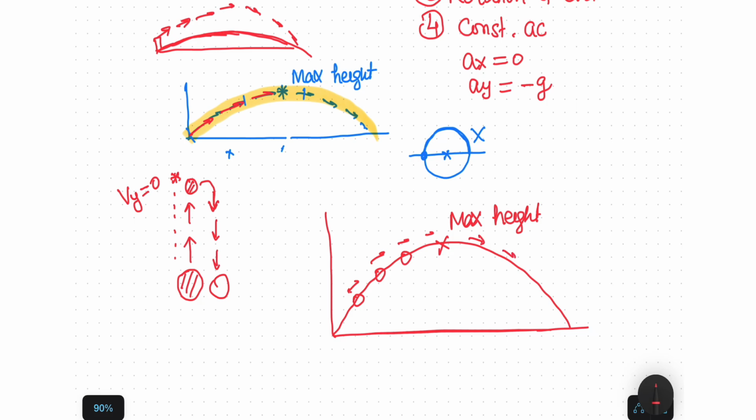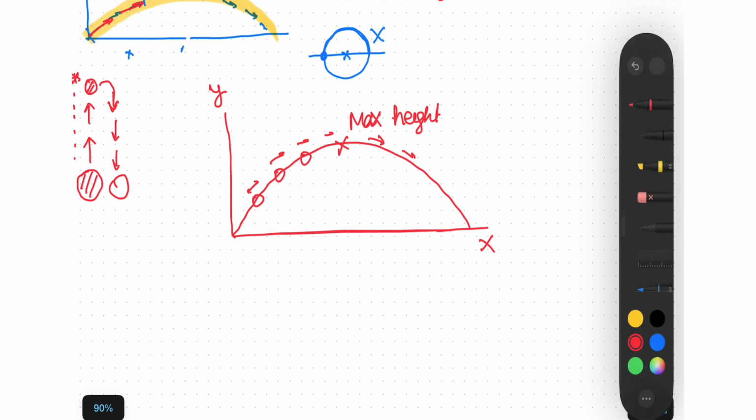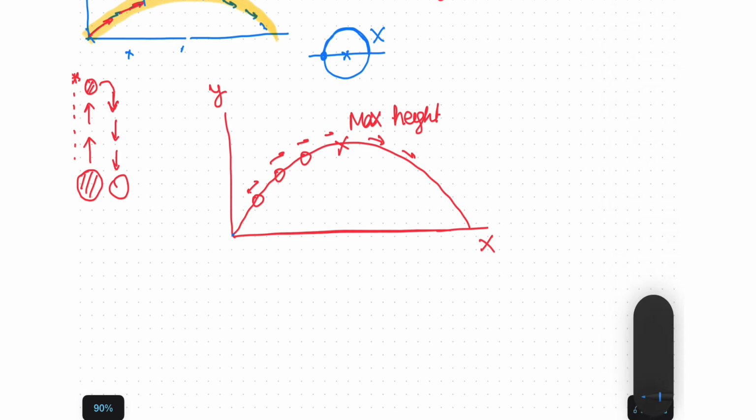Now we are talking about the velocity. Why not make components of it? Suppose we have been given the initial velocity, the initial speed of the projectile, as 50 meters per second.